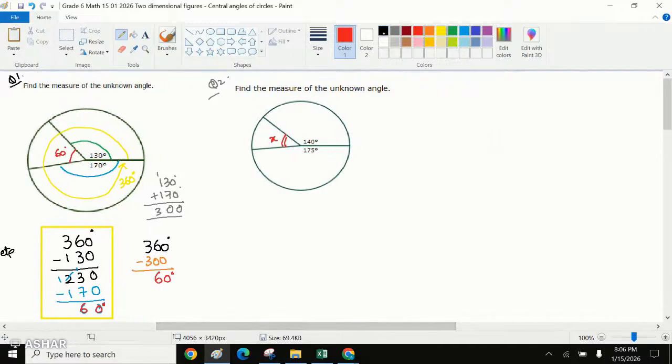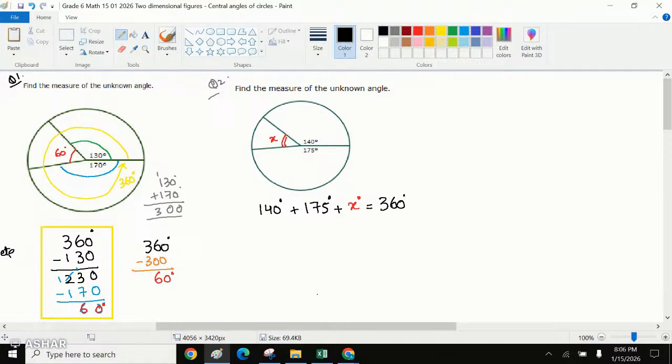So can we say that 140 plus 175 plus the value of the missing angle X should be equal to the total complete angle, that should be equal to 360, right?